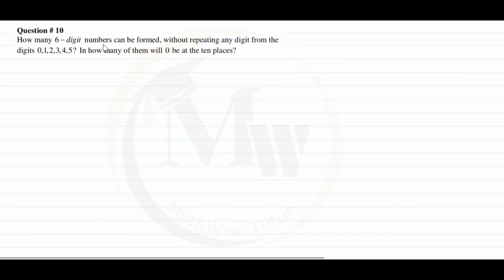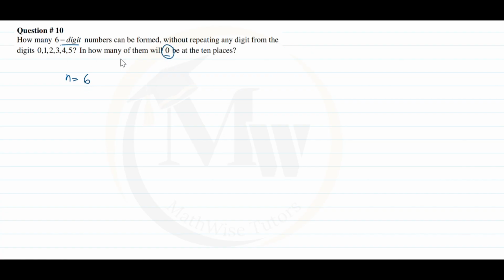In this question, they said how many 6-digit numbers we need to make, can be formed without repeating any digit from these 0, 1, 2, 3, 4, and 5. In how many of them will 0 be at the tens place? So since the total numbers are 6, n would be 6.